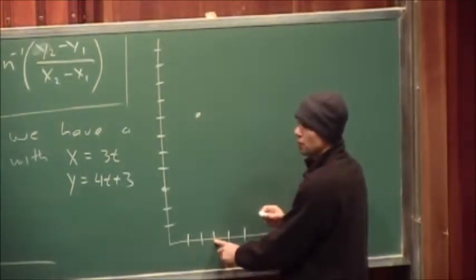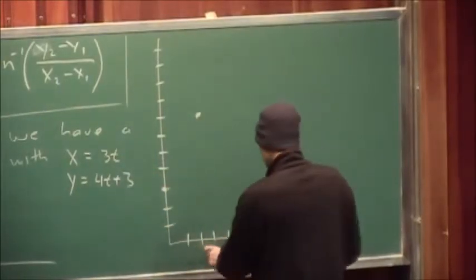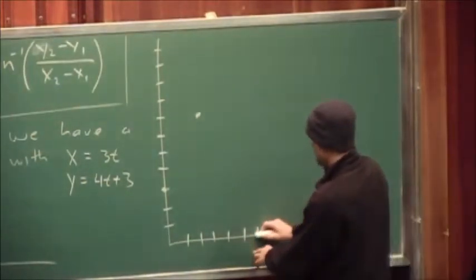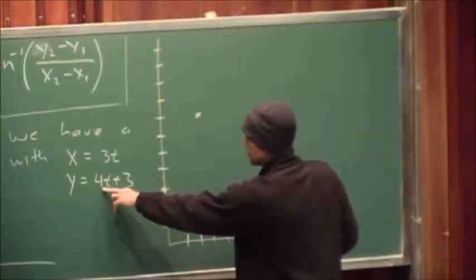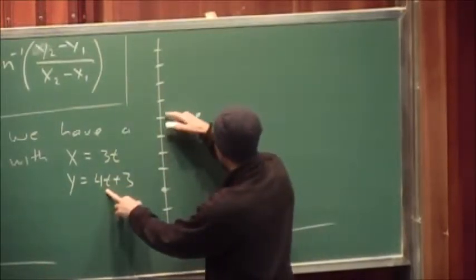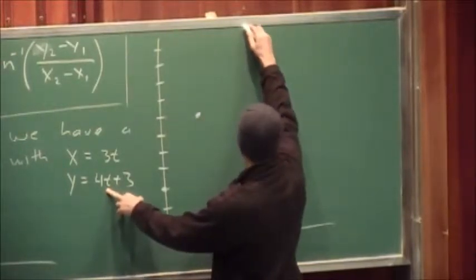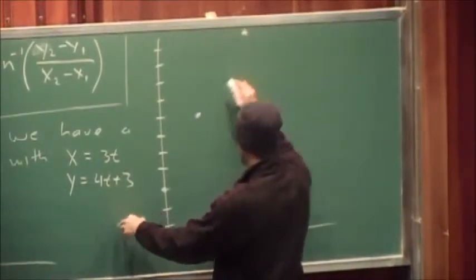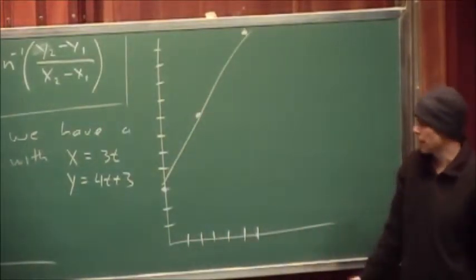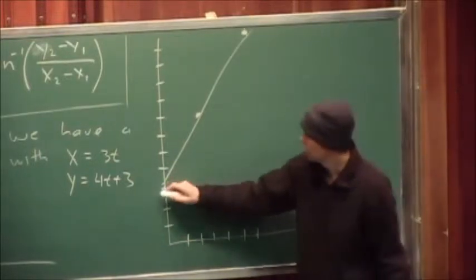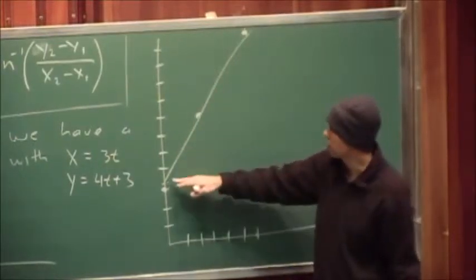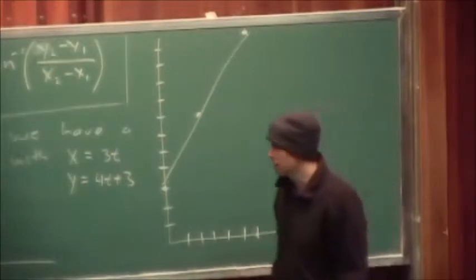At t equals 2, x is equal to 6 and y is equal to 11. So what we can see is that we have a coordinate system where the displacement is moving up linearly in this fashion.